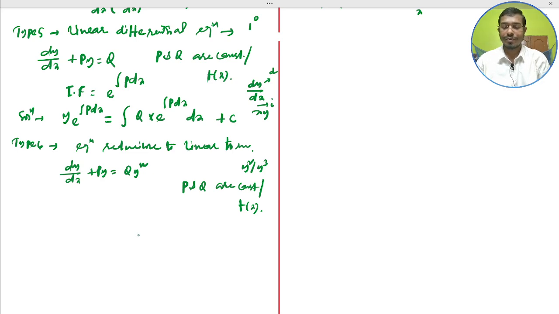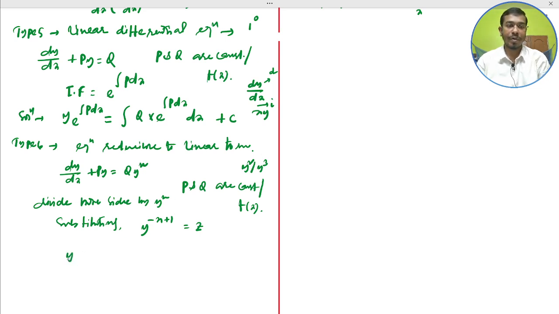We can reduce it to a linear differential equation by dividing both sides by y to the power n, then substituting y to the power n plus 1... First divide both sides.